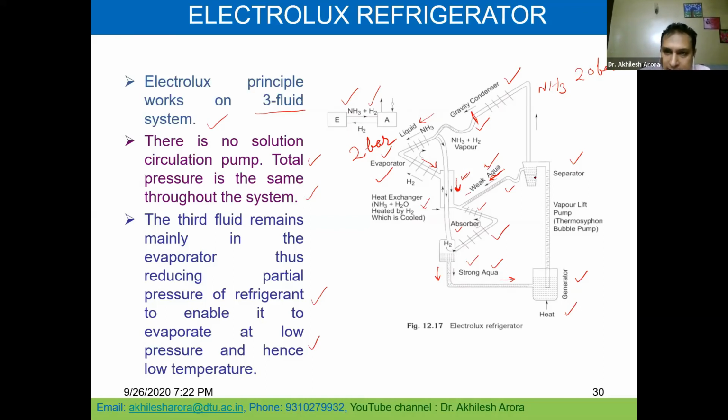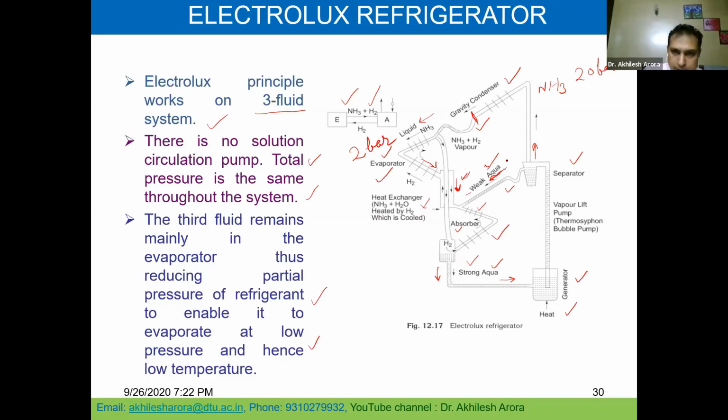And here in the separator, it will be wet ammonia, containing moisture, water, ammonia and ammonia vapor. Whatever ammonia vapor is there will pass into the condenser because the ammonia is separated here. So here we will have weak aqua, which contains more water and less ammonia.